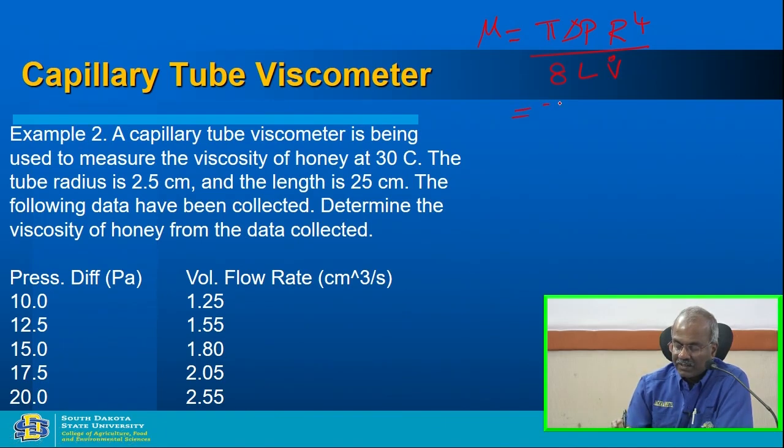So first data, pi times delta P is 10 Pascal, times radius to the power 4, radius is 2.5 centimeter, convert to meters, to the power 4, divided by 8 times length, 25 centimeter, in meters 0.25, times volumetric flow rate, which is 1.25 centimeter cube per second.